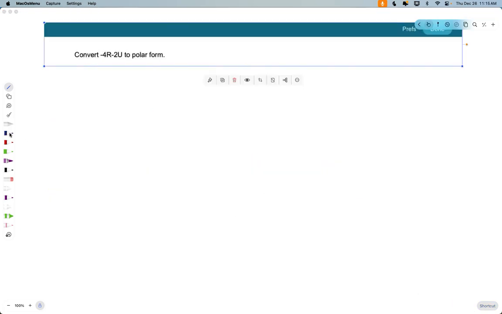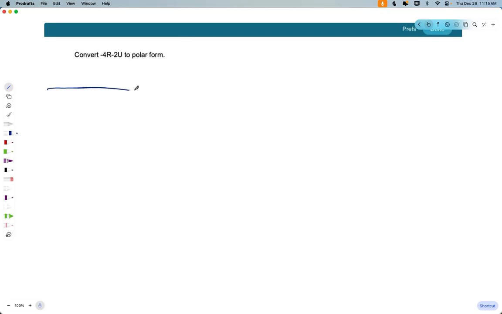All right, so we're going to convert -4, -2 to polar form. Again, negative, negative, so it's in the third quadrant. So this is 4 from the origin to the left. So that's 4. And then we'll say that's about 1, 2, 3, 4, right about here.